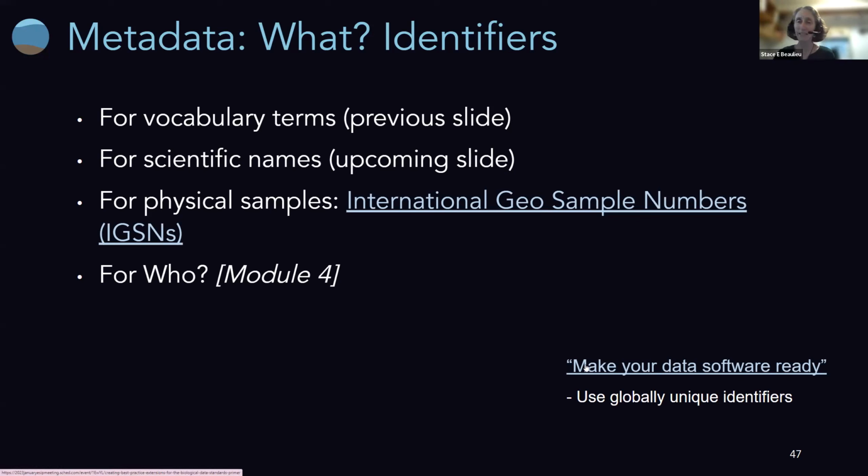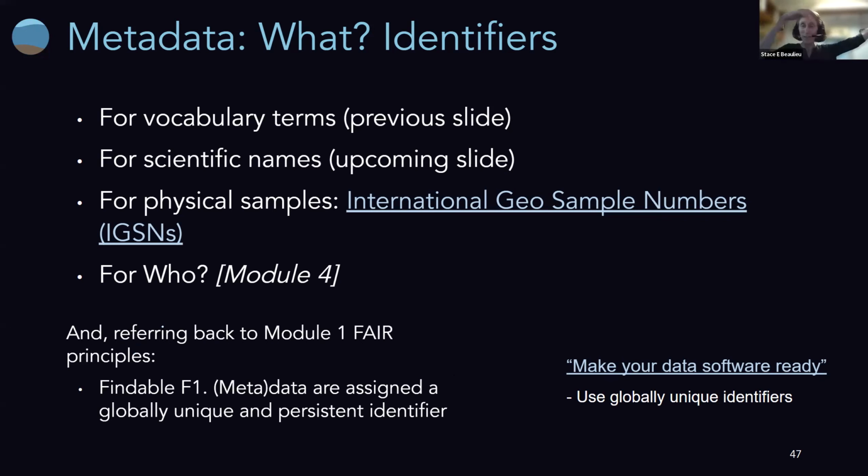Referring back to the ESIP working session from January earlier this year, make your data software ready. This was one of the tips, was to use globally unique identifiers throughout your metadata. And referring all the way back to module 1, the FAIR principles, the data set will have a persistent identifier if we assign a DOI.